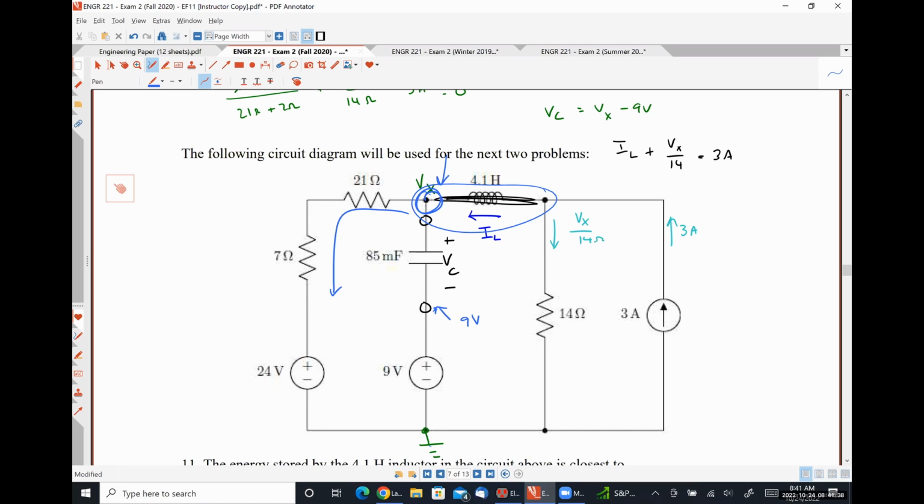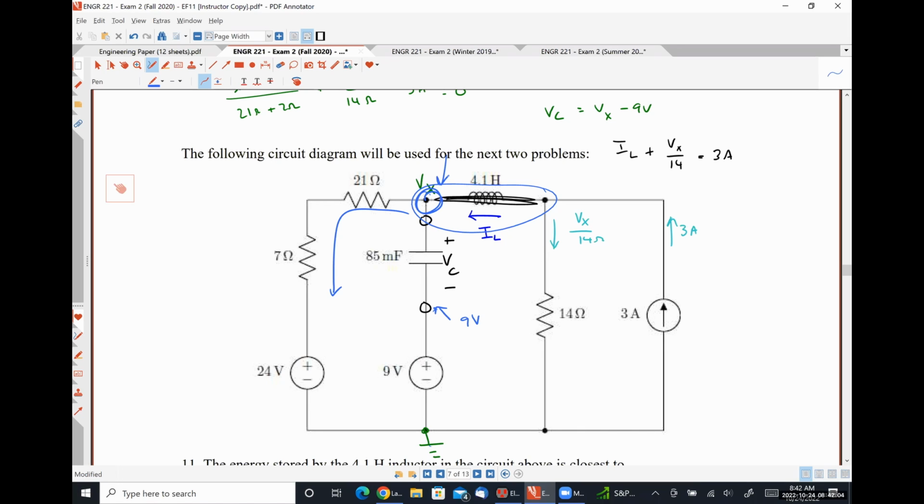Yes. Oh, sorry. Curious, would it help simplify anything, changing the current source to a voltage source? So I thought about doing that. That would make solving for IL pretty straightforward.